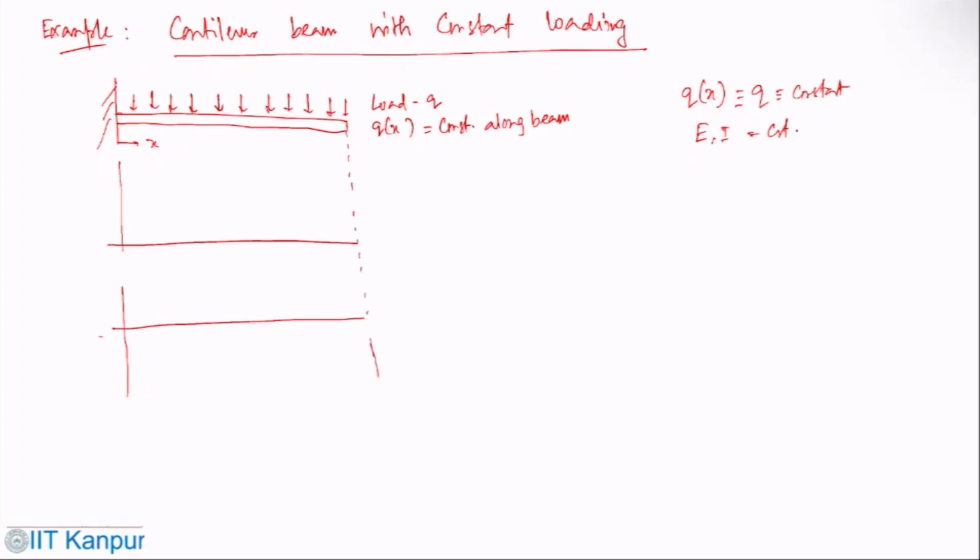So let's keep that. Here we have Q by E dot I equals d4w by dx4.